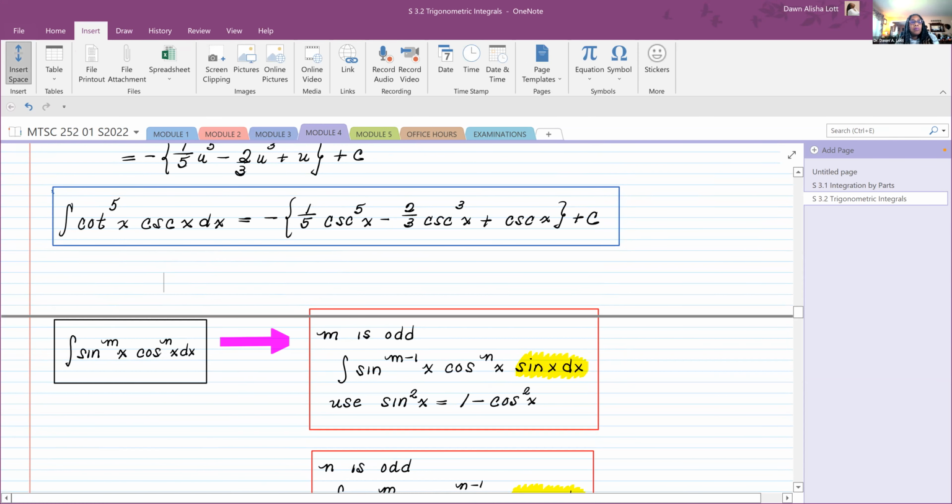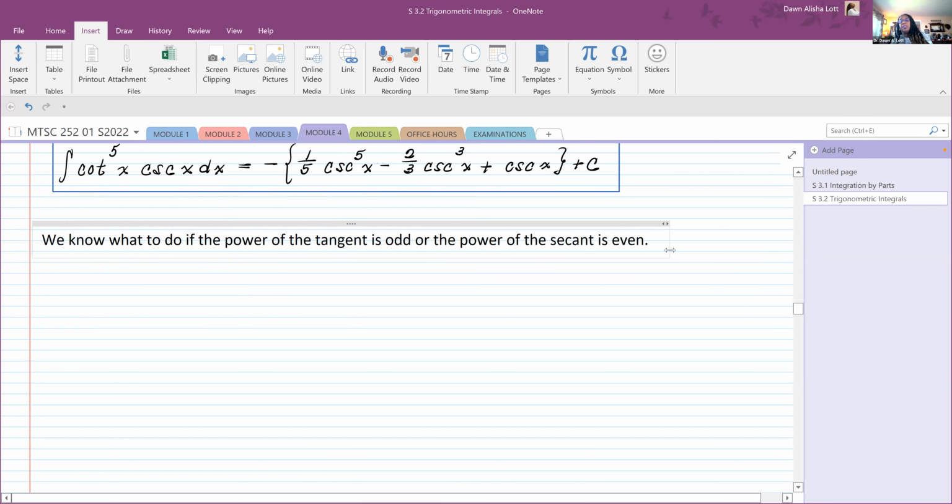But what do we do in the other case, when the tangent is even and the secant is odd? That's a hard problem. Those problems we actually end up doing by integration by parts.